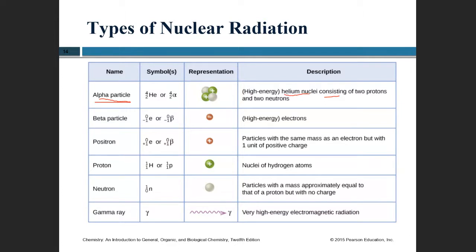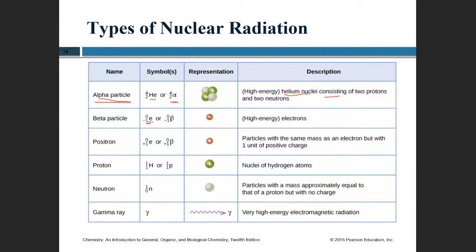We can represent them as alpha 2, 4 or helium 2, 4. Beta particles are high energy electrons, represented by an electron with negative charge -1, and of course the mass number of the electron will be 0. So we can say it is e -1 0 or beta -1 0.